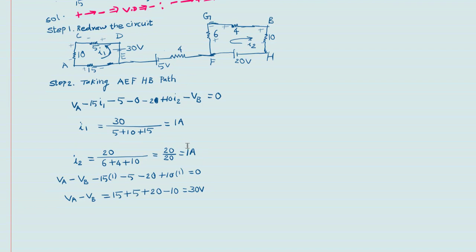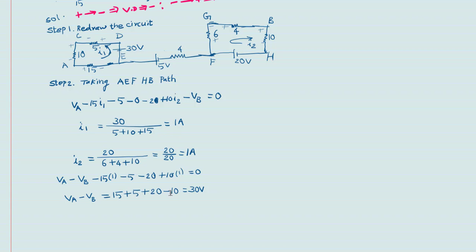Once we know I1 and I2, substitute these values here. Then we get VA minus VB. That is VA minus VB minus 15. Look at this, minus 15 times I1, just now calculated as 1 ampere, minus 5, minus 0.